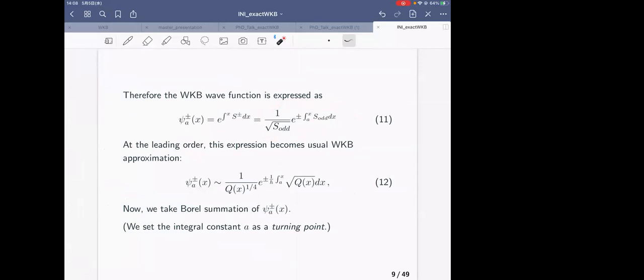And when we consider the leading order of S_odd, then this WKB wave function becomes the WKB approximated form. But of course, we consider not the approximation, but the exact one. So we use this one. And now I choose the integral constant here as a turning point, which satisfies Q equal to 0.